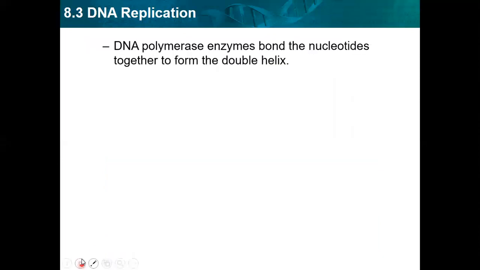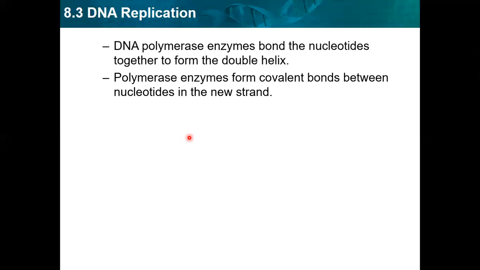Now there is an enzyme called DNA polymerase. DNA polymerase is an enzyme which bonds the nucleotides together to form a double helix. It bonds the free floating nucleotides to the complementary bases on the templates of the DNA which we already had. Remember, the DNA is a double helix.